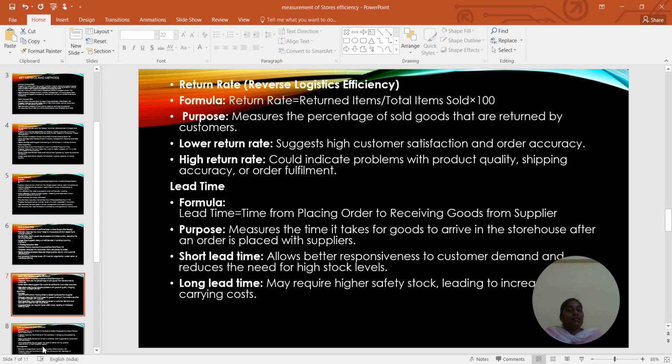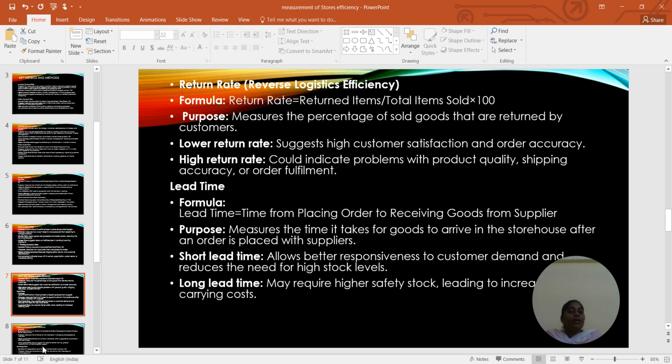Return rate measures the percentage of sold goods that are returned by the customers, meaning how much the organization takes back from customers. Depending on that percentage, we see how much we have sold and how many returns we receive. The lowest return rate suggests the highest customer satisfaction and order accuracy, and the highest return rate could indicate a problem with product quality, shipment accuracy, order fulfillment or wrong product.